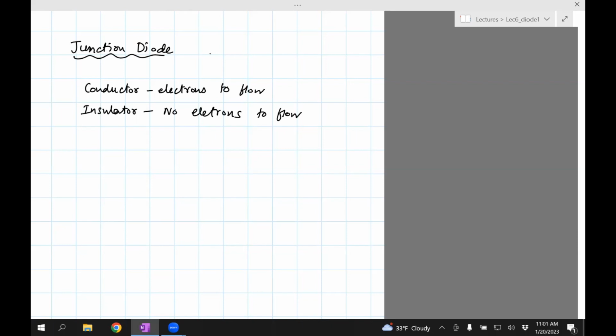And in between is something called a semiconductor, which allows electrons to flow under certain conditions.